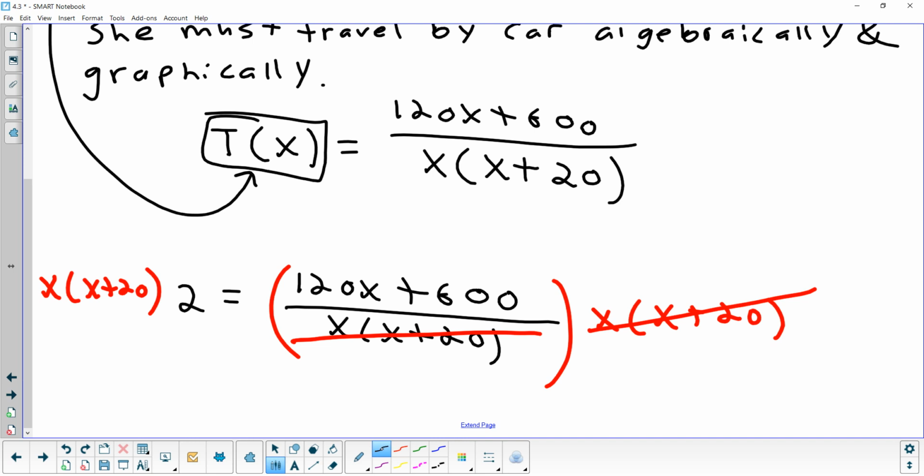So Matt, what's 2x times x? 2x. Not just 2 times x, but 2x times x. Squared. Yeah, squared. And what's going to be my next term when I distribute what's left?